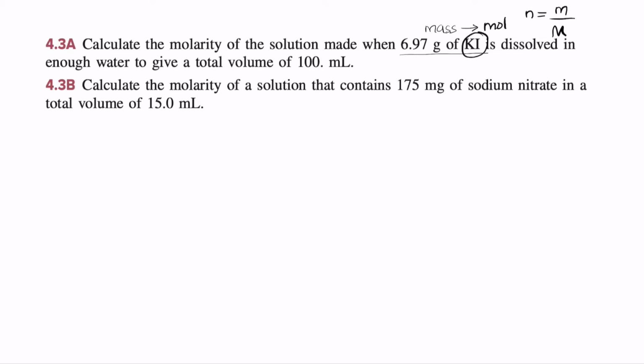The potassium iodide is the solute. In the other one, the quantity is in milligrams, so convert first into grams and then into moles. Sodium nitrate is NaNO3, and the volume is given in ml, so convert ml into liters. Pause the video right here and try to solve this problem.